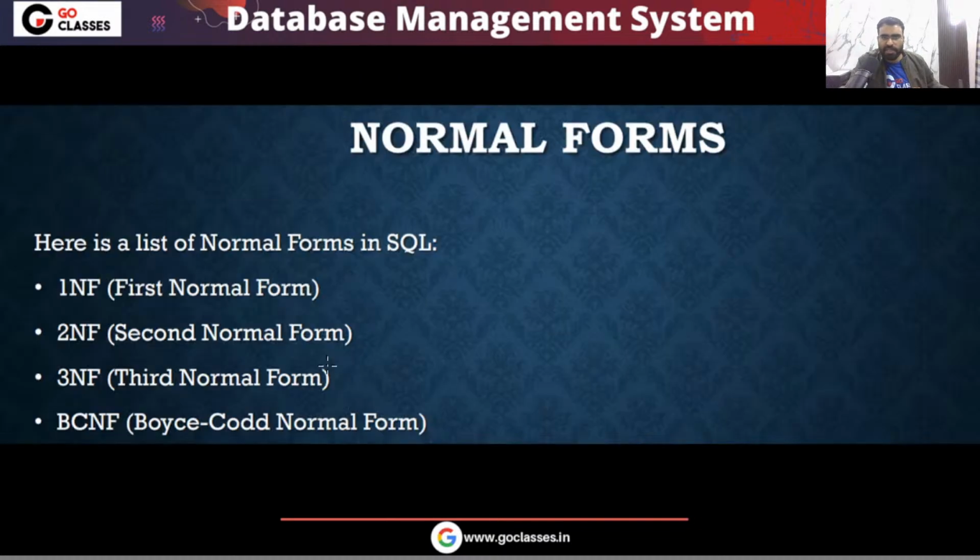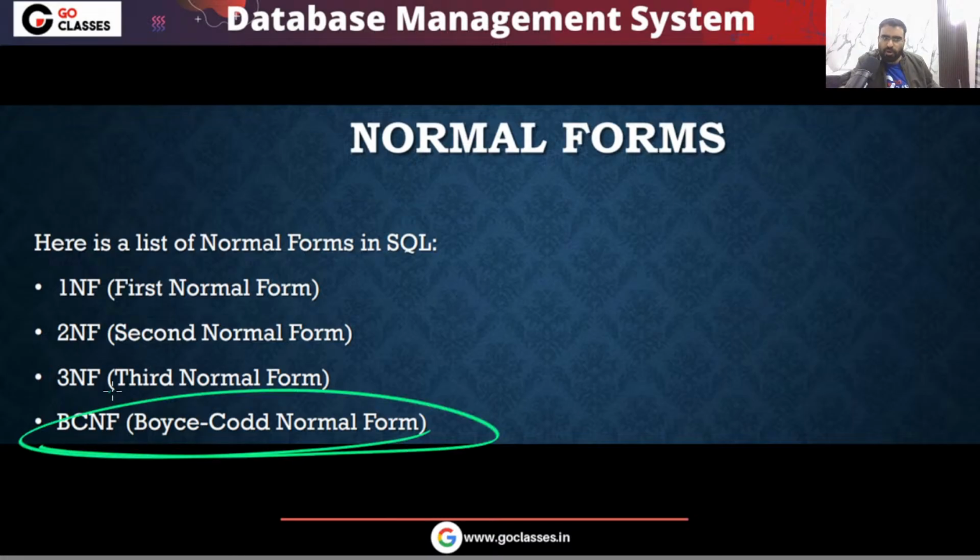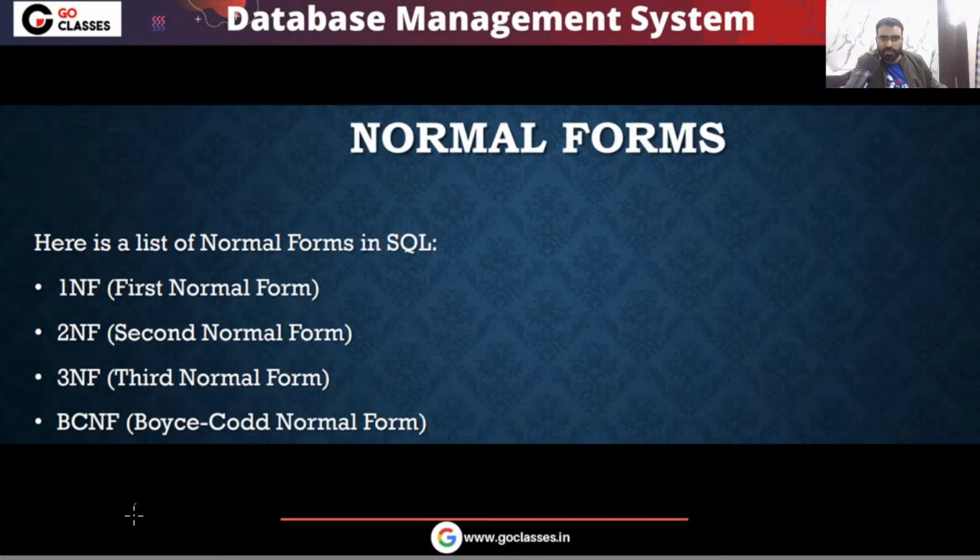These are the normal forms that we study: 1NF, 2NF, 3NF, BCNF. When we go in this direction, we are getting the higher normal forms. This BCNF is a higher normal form than 3NF. In this direction we are getting higher normal forms.